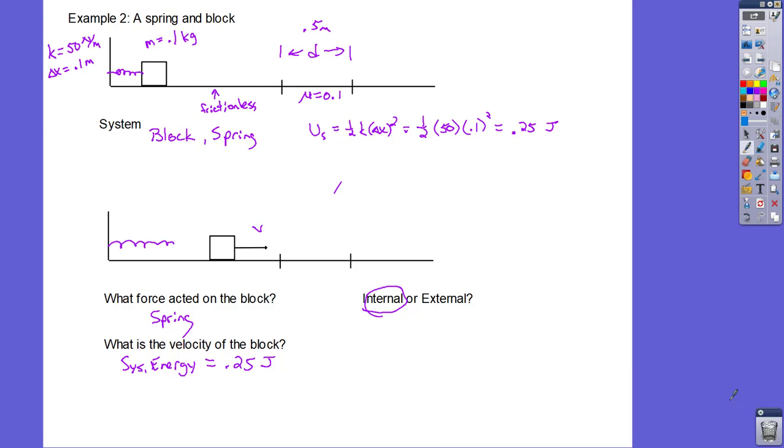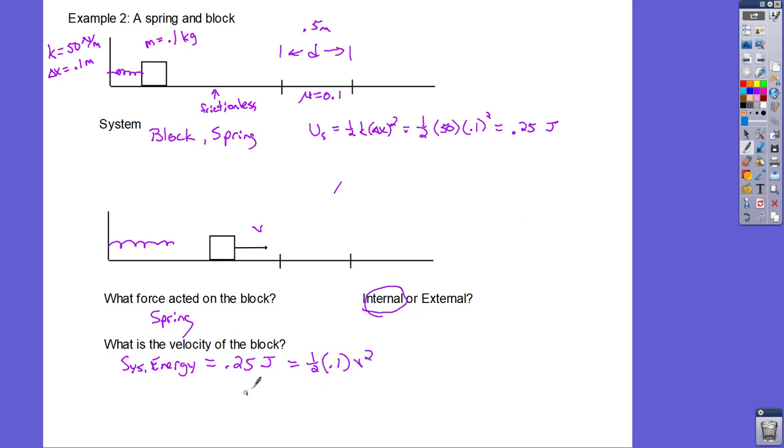Now, I didn't work out all these numbers beforehand, so I'm hoping this actually works out. So if we have the system energy here, that is all kinetic energy in this part of the system, so we're going to have 1/2 mv squared, so 1/2 times 0.1 times v squared.